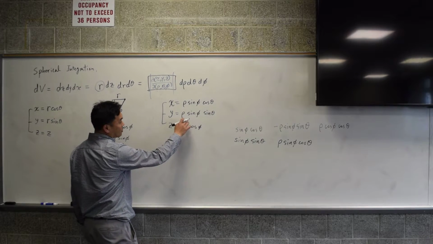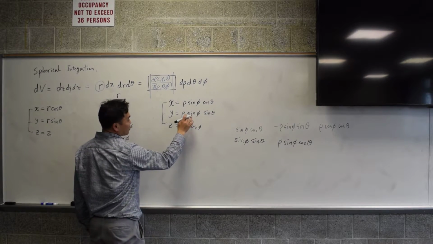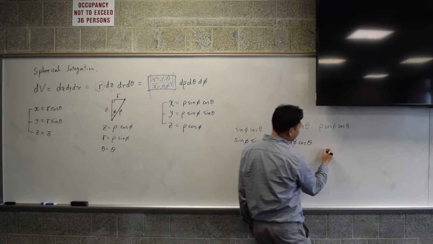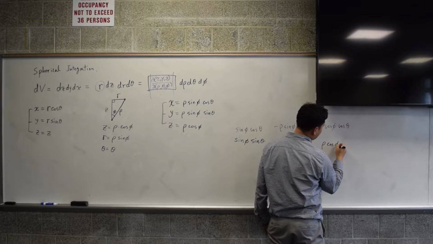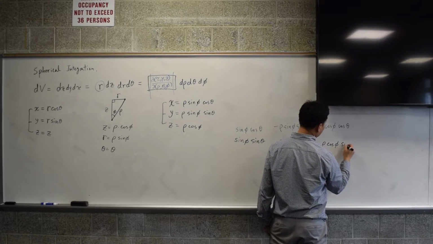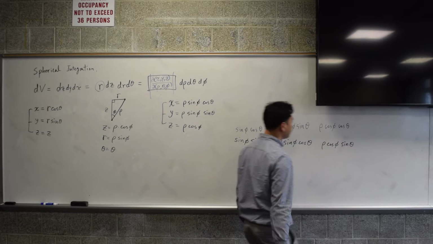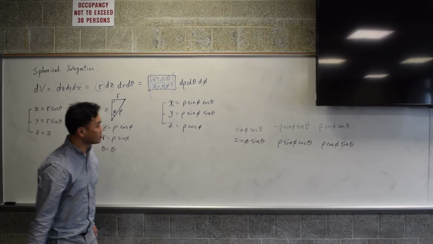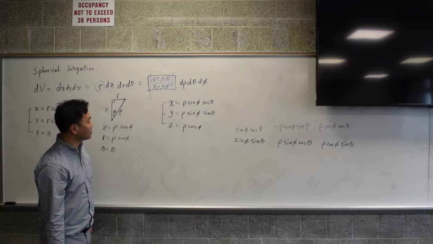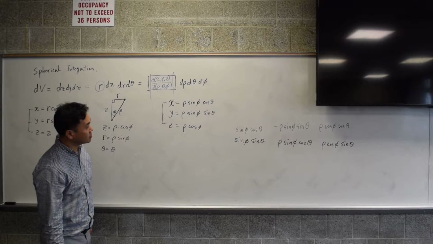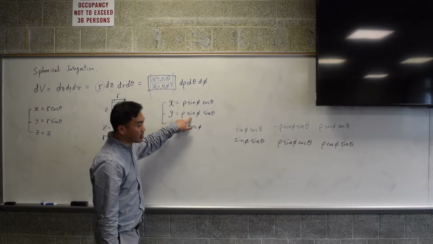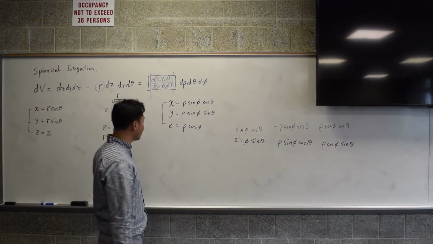And then I differentiate this by phi, which gives you cosine phi. So it's rho cosine phi, and then sine theta. If you differentiate sine phi by phi, it's positive cosine.